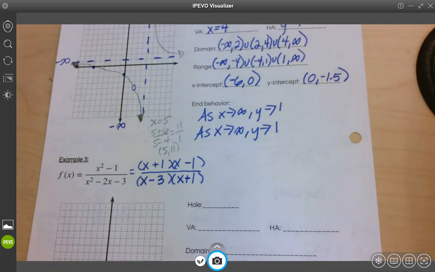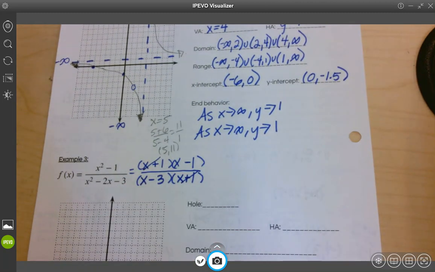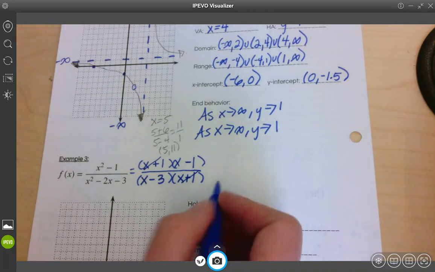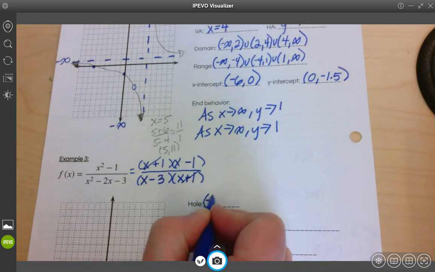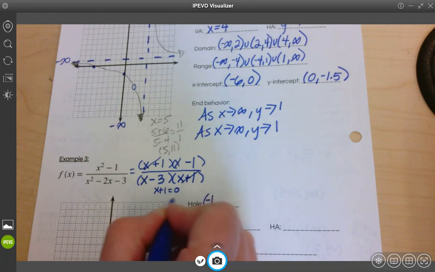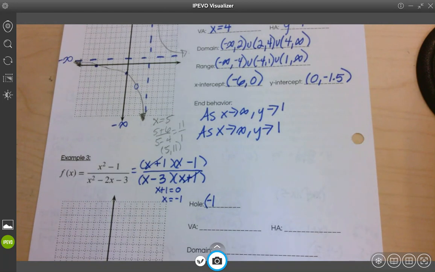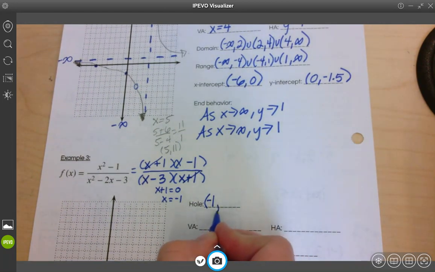All right, so when we factored it, we did find that this cancels, and that's the factor that creates the hole. So we have a hole with an x value of -1. We get that from x plus 1 equals 0, x equals -1. So the canceled factor creates the x of the hole.